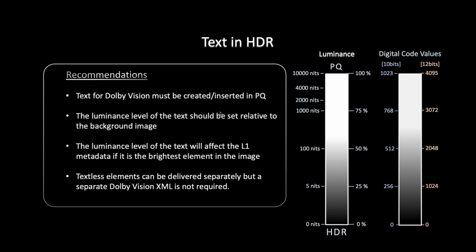You may have to adjust the luminance of the text relative to the background, and always remember that if the text is the brightest thing in the frame, that will affect the metadata, and that could affect the way the mapping happens. You may then have to adjust those trims to get the relative luminance of the text in context to the background. And of course, textless elements do not have to be delivered with a separate XML. The main master XML should work for that as well.